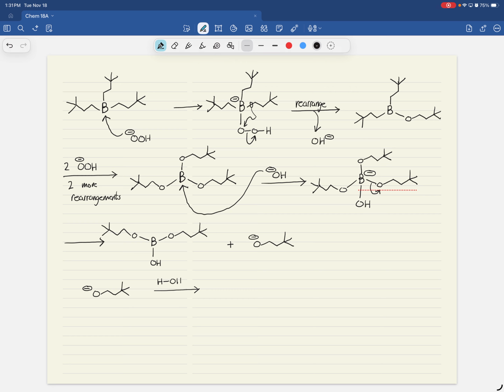So they're slightly basic. So this is a very basic oxygen atom, right? Negative charge. So it can just deprotonate water pretty easily. All right. So we regenerate hydroxide. So that's good because that's going to allow us to free up the other alcohol groups from the boron.